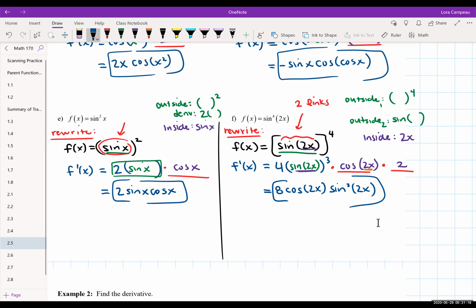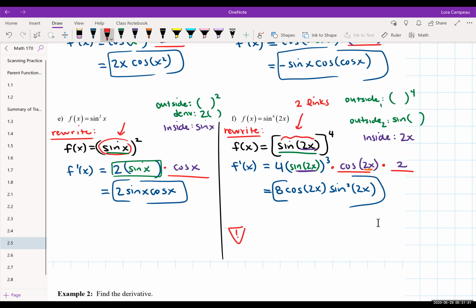Now, a lot of times when you're doing the chain rule, you get in the swing of things and you keep trying to add links to your chain that shouldn't be there. So the question always is, how do we know we're done? How do we know when to stop? So I have a rule of thumb here.